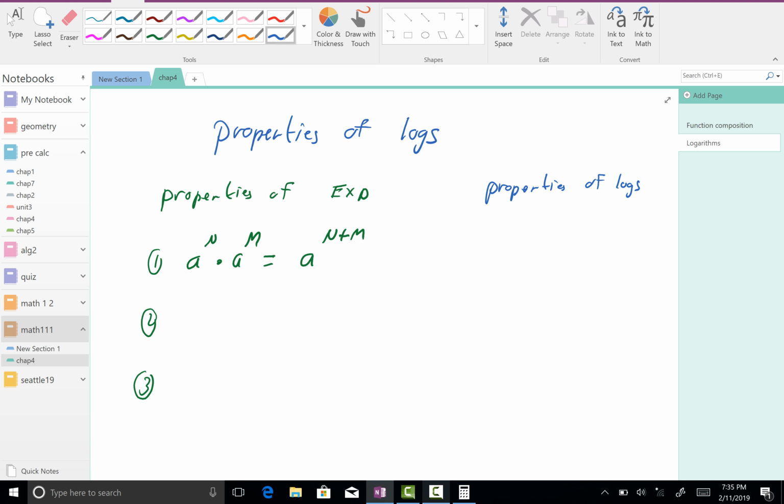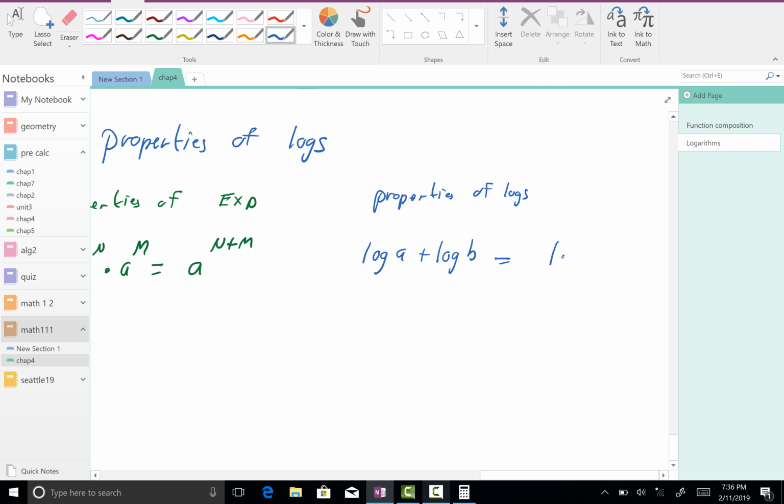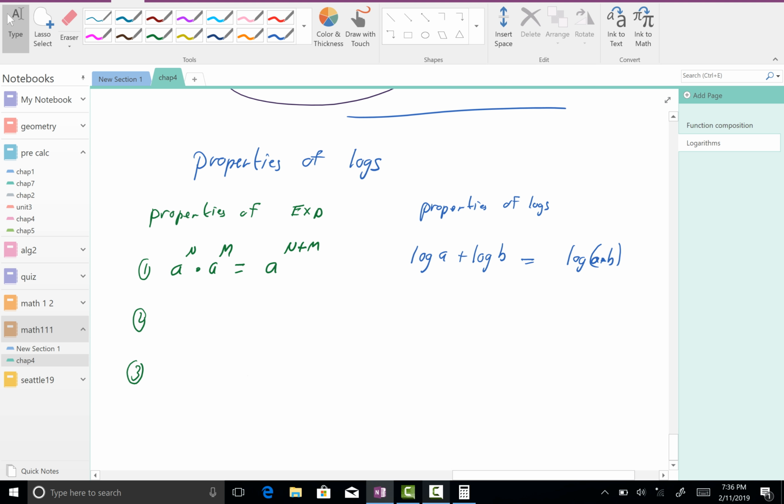Since logs are an inverse of exponentials, that same thing can be done with a log. So if we have log of a plus the log of b, then that's equal to the log of a times b. All right? If I have two logs that are being added, that would be the same as multiplying the things inside. So here we're multiplying and we're adding.